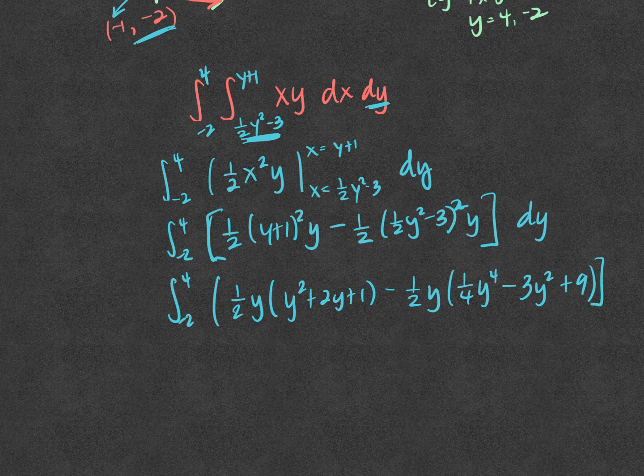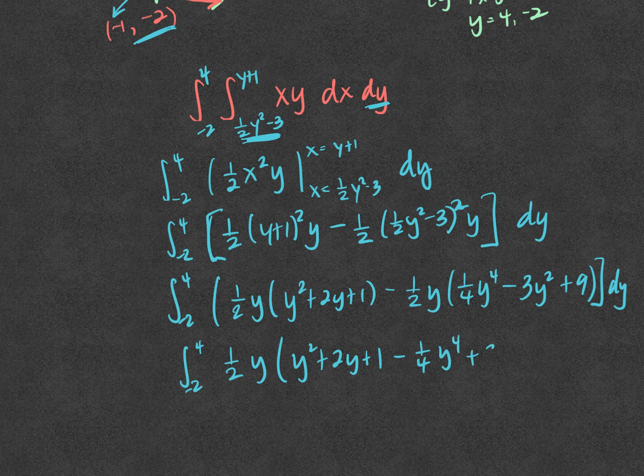We're going to integrate with respect to y next. I'm going to pull this 1/2 y out, as I probably wish I'd done at the beginning. So I have y squared plus 2y plus 1 minus 1/4 y to the 4th plus 3y squared minus 9.